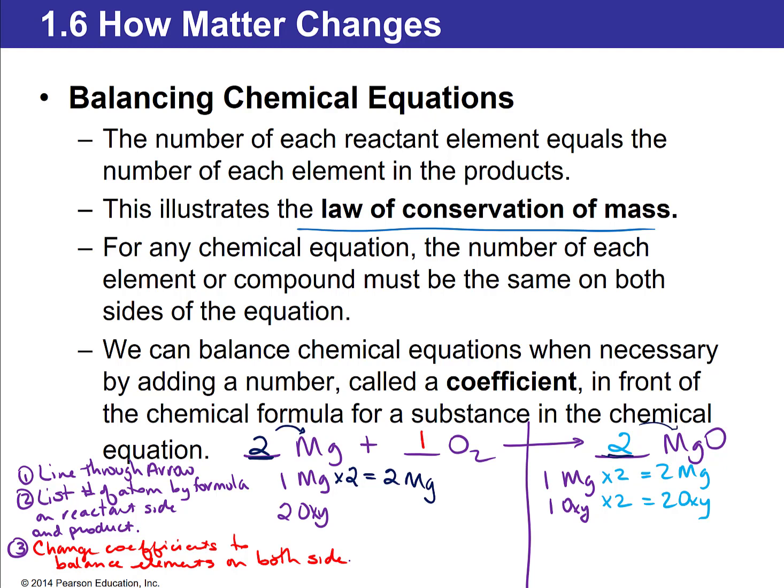So you have to be able to balance it. And the way that I would read this is I would say 2 magnesium plus 1 oxygen make 2 magnesium oxides. And if you don't know the name of an MgO, you could just say 2 MgO molecules. So that's a balanced equation.